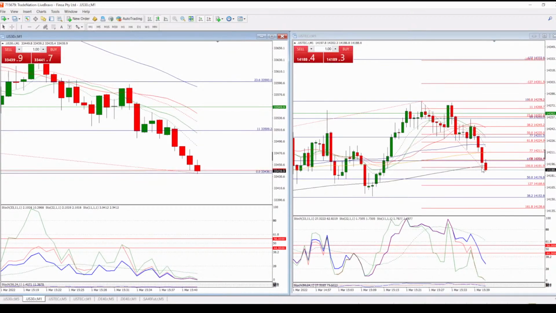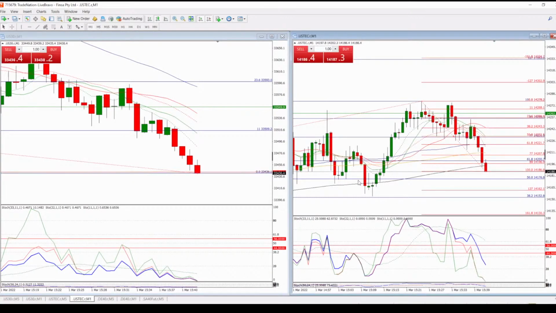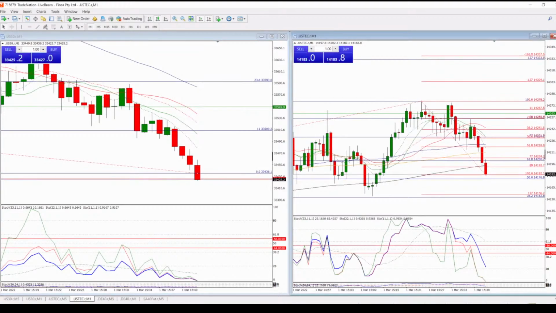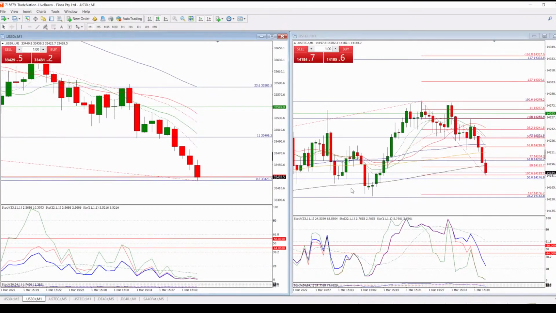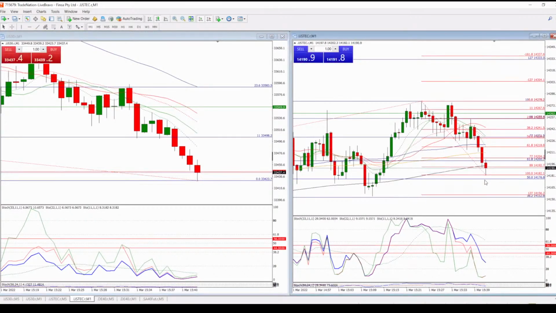Just still keeping on trailing the 1 minute grid on Dow. Also on USD, just trailing that extension for now.